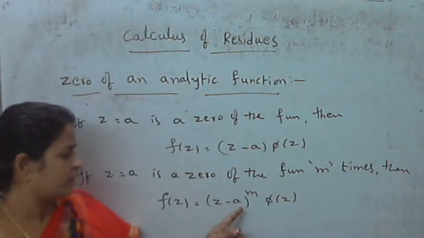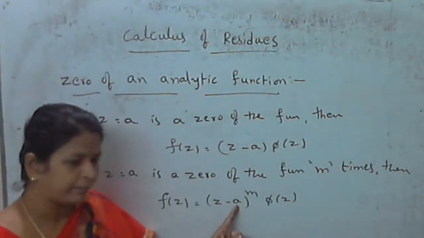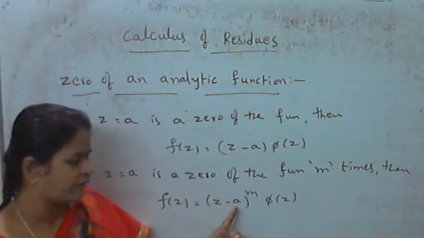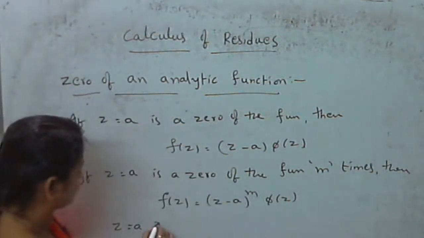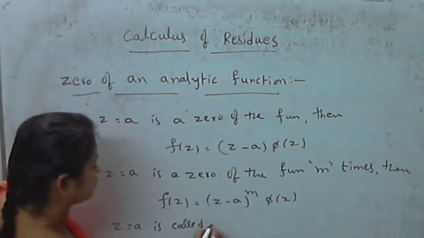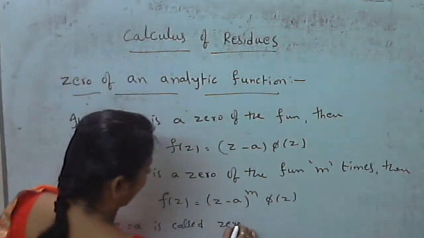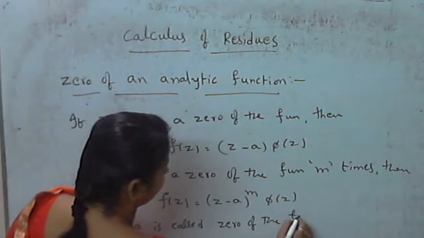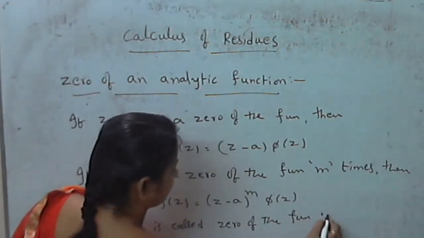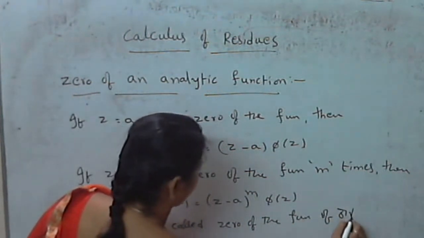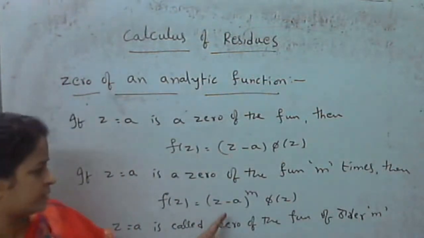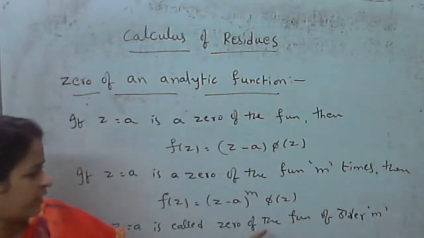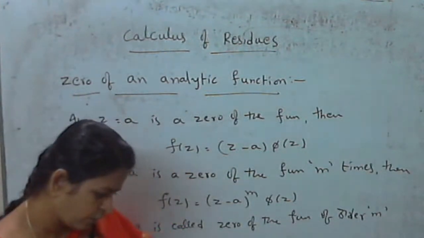So, if z equal to a is a root of the function m times, then z equal to a is called zero of the function of order m, because it is a root for m times. So, it is called zero of order m.